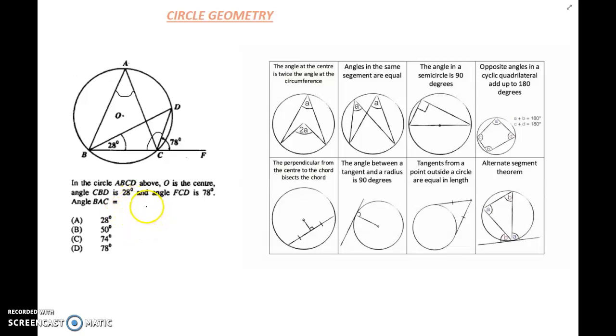So basically, to find that angle there, angle BCD, would be 180 take away 78, right?